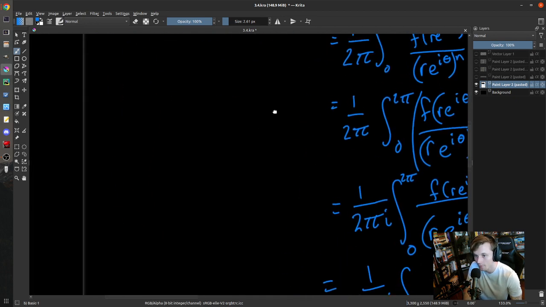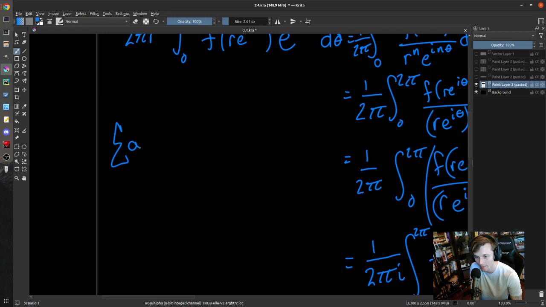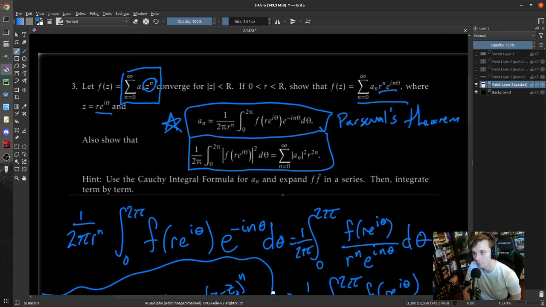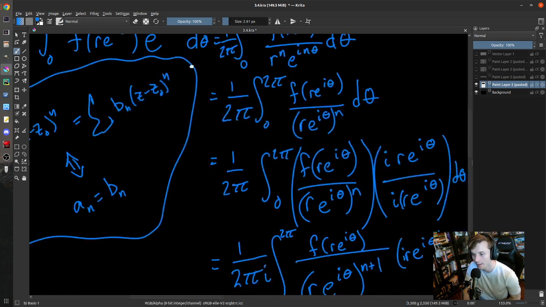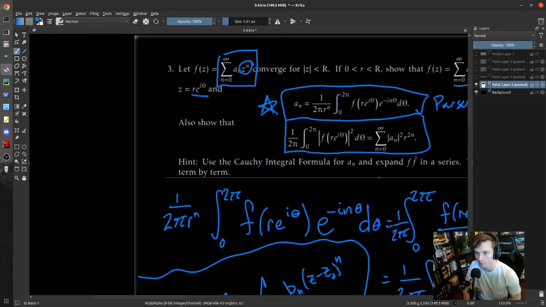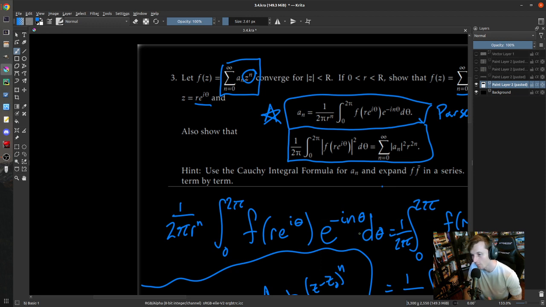So the uniqueness of the power series part I'm referencing is just the whole business where you've got the sum of a_n (z minus z naught) to the n equals the sum of b_n (z minus z naught) to the n, then this tells you that a_n is equal to b_n, and vice versa, obviously. So that's just a little aside right there. But that would give us this first part right here, where we get the formula, right? Having a Taylor series and doing this calculation, these are the coefficients in the Taylor series, and so the coefficients in the Taylor series have to be the same as the coefficients right here. We're all good to go.